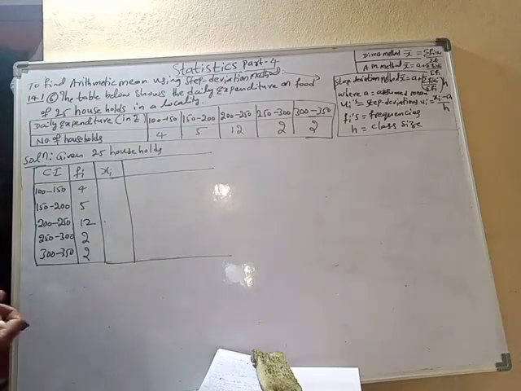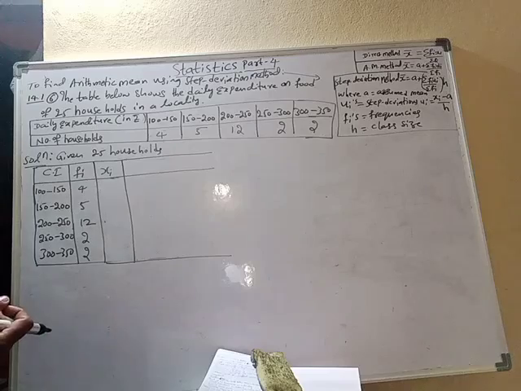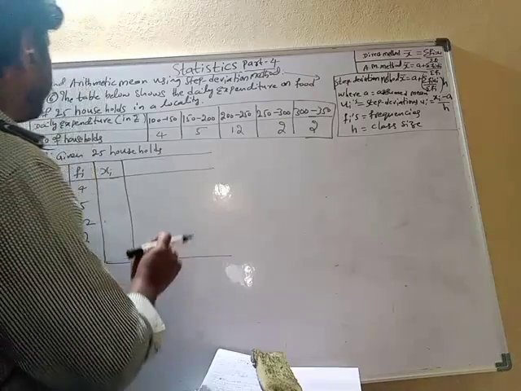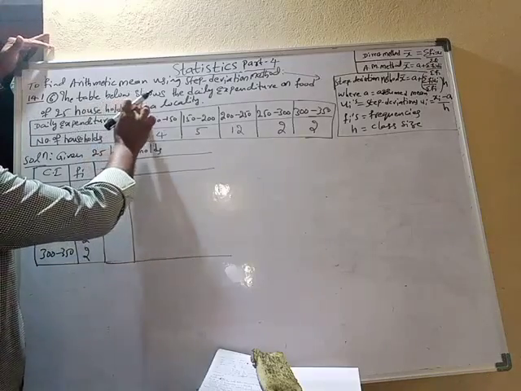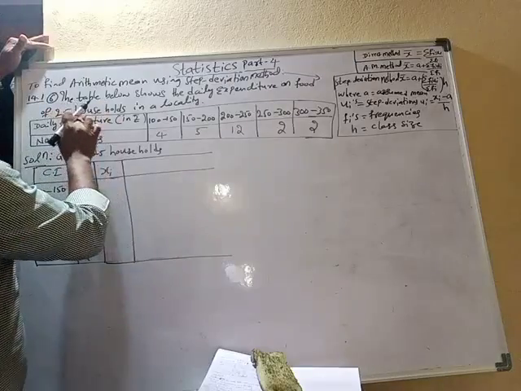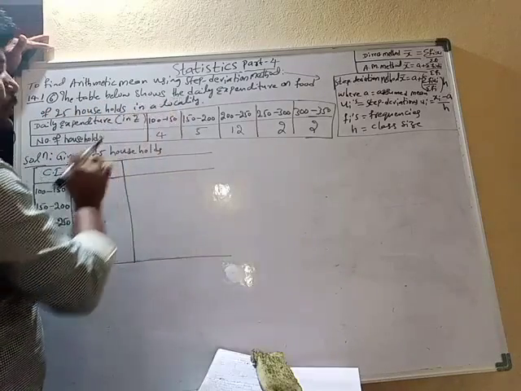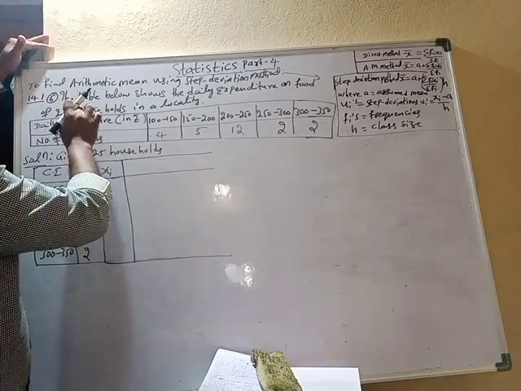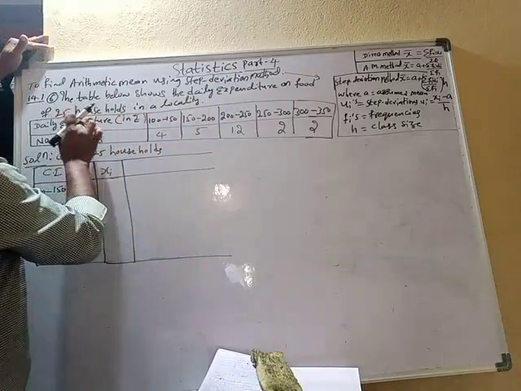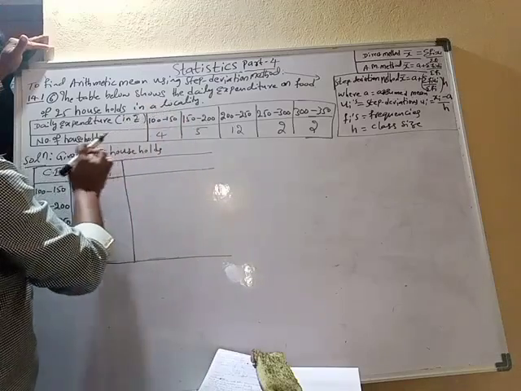Let us take a problem, exercise 14.1, problem number 6. I am reading the problem. The table below shows the daily expenditure on food of 25 households in a locality.